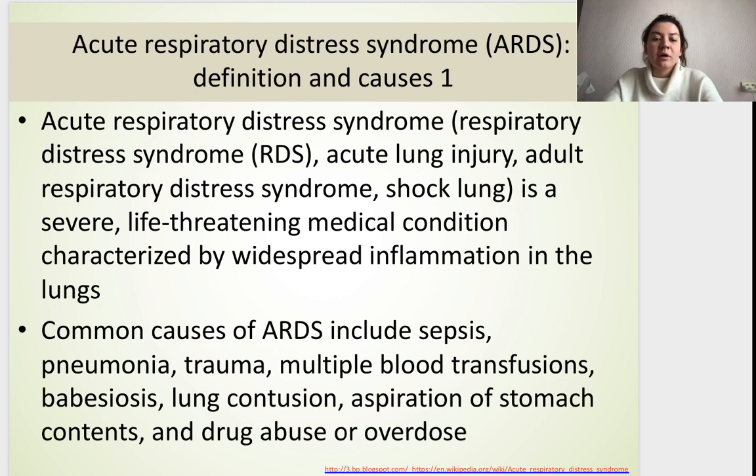Common causes of ARDS include sepsis, pneumonia, trauma, multiple blood transfusions, babesiosis, lung contusion, aspiration of stomach contents, and drug abuse or overdose.